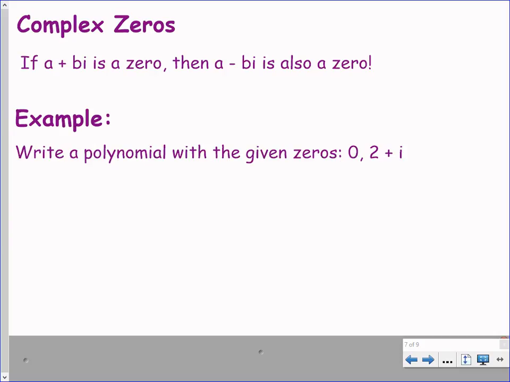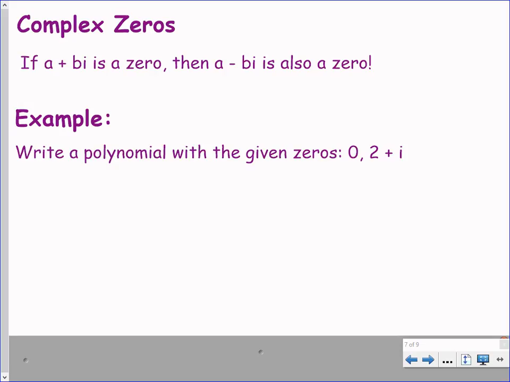Here's an example then. We want to write the polynomial that has the given zeros 0 and 2 plus i. Are those the only zeros of the polynomial?